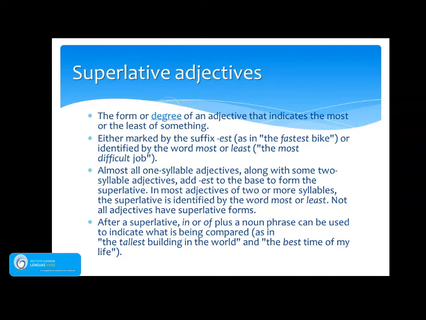After a superlative, in or of plus a noun phrase can be used to indicate what is being compared, such as the tallest building in the world and the best time of my life.